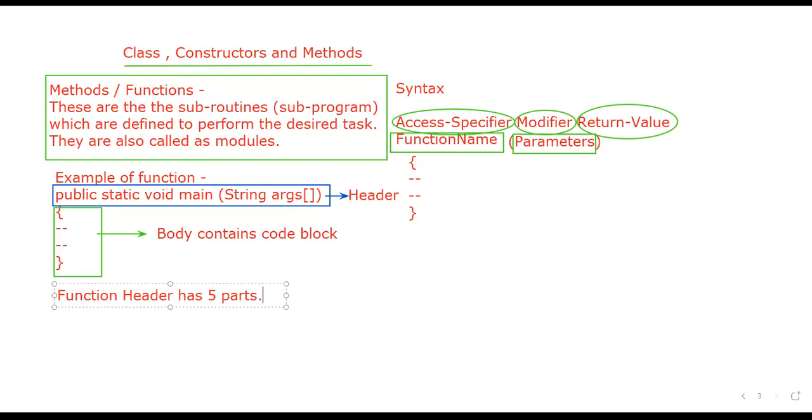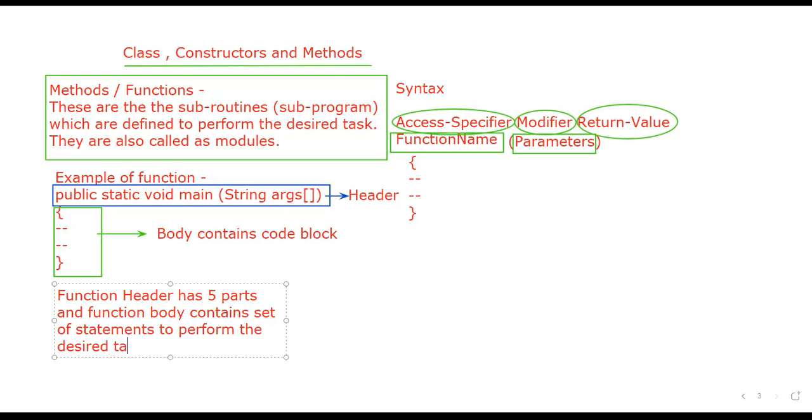So the function header has 5 parts and the function body contains a set of statements to perform the desired task, known as code block or block of code. You can call it code block or block of code. Okay, तो ये आपके लिए सबसे important है कि आपके function header has 5 parts and function body contains set of statements.